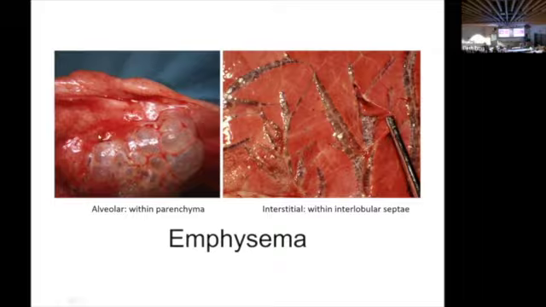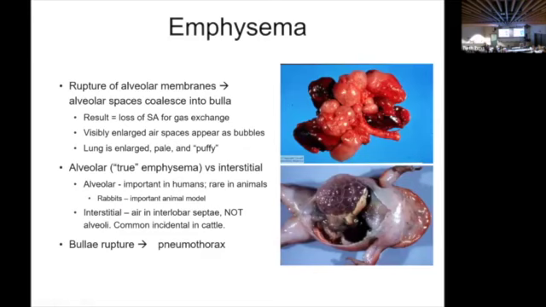The times that I've seen it in animals, it's been in rabbits. Rabbits are pretty much the only animal that gets this as a spontaneous lesion. And it's often secondary to a severe pneumonia from Pasteurella multocida, snuffles, in the rabbit. I've seen it occasionally in, remember I said this is a cat with asthma.